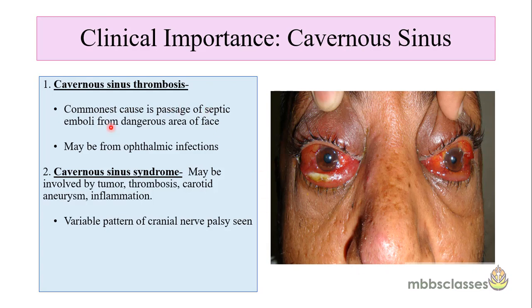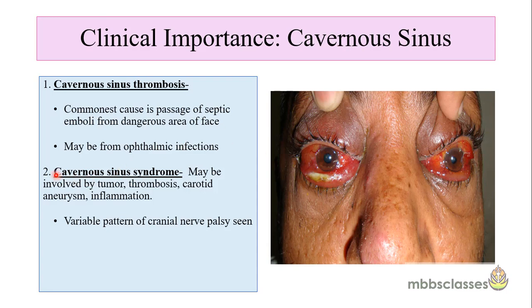Extracranial sources: first is the danger area of the face. The lower part of the nose is called the danger area of the face. In this figure, this patient had nasal vestibulitis, and following the nasal vestibulitis, the patient developed cavernous sinus thrombosis. And you can see here bilateral proptosis and bilateral chemosis of the conjunctiva. I will not go into the details of cavernous sinus thrombosis; we'll take it in a separate class.